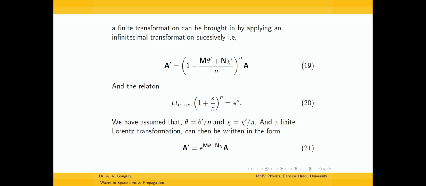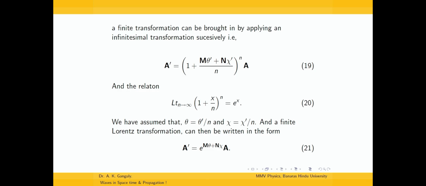So, we can keep applying this infinitesimal transformation again and again and again to generate what is given by equation number 21, saying that A prime can now be related to A by the exponentiation of the rotation matrices and the boost matrices, or boost generators, not the matrices.